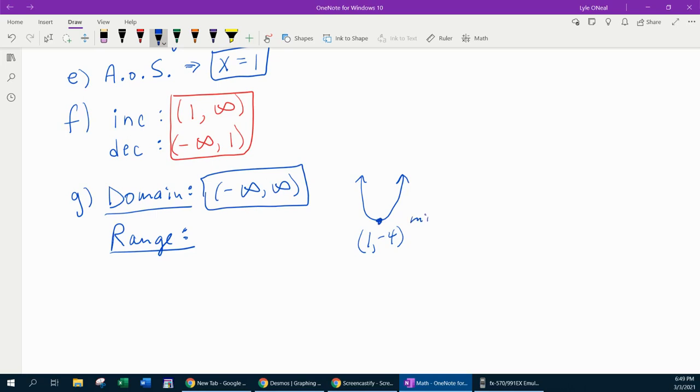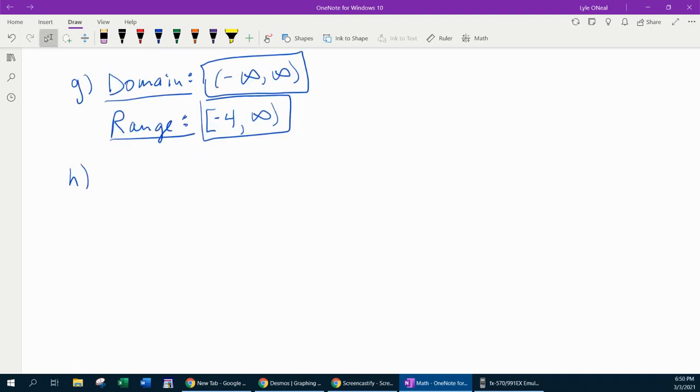So since we have a minimum, we know the lowest point on this graph is at -4. Okay, that's the smallest that y can be. So the range is going to be everything from -4. We use a bracket because -4 is included, and it's going to go up forever. So the values that y can be are everything from -4, including -4, to infinity.